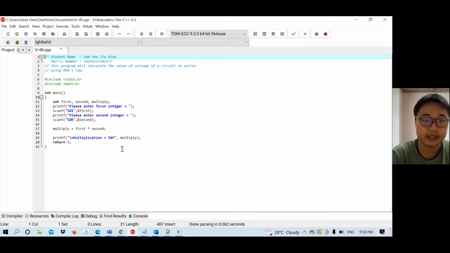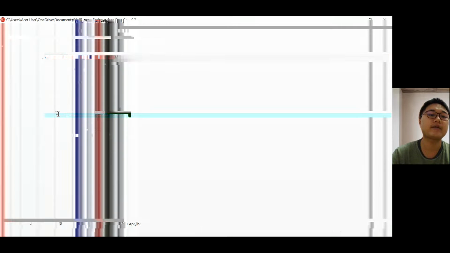So this is the program that will calculate the voltage of circuits in series using Ohm's law. I type include stdio.h and math.h, and then int main. I use the data type int and also the processes known as printf and scanf.